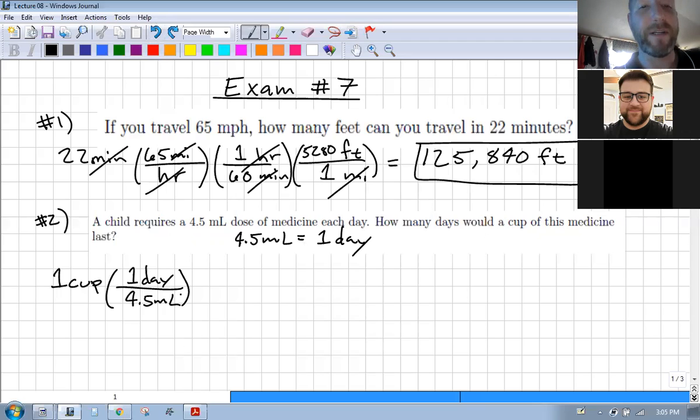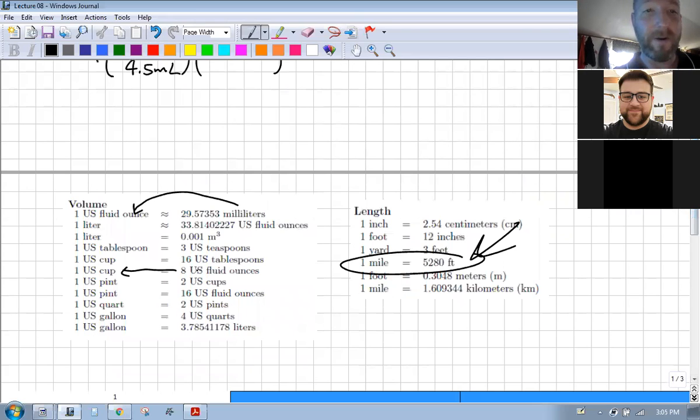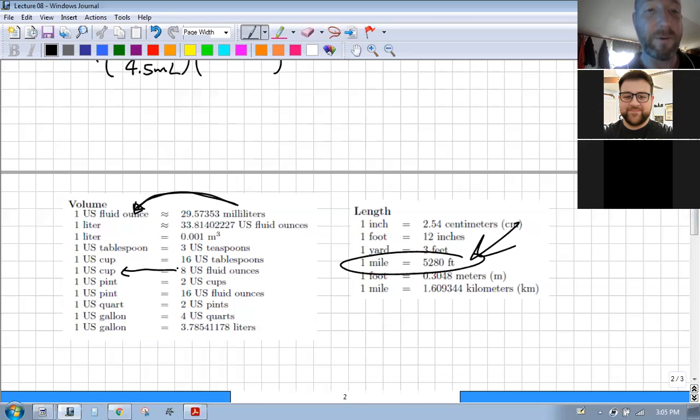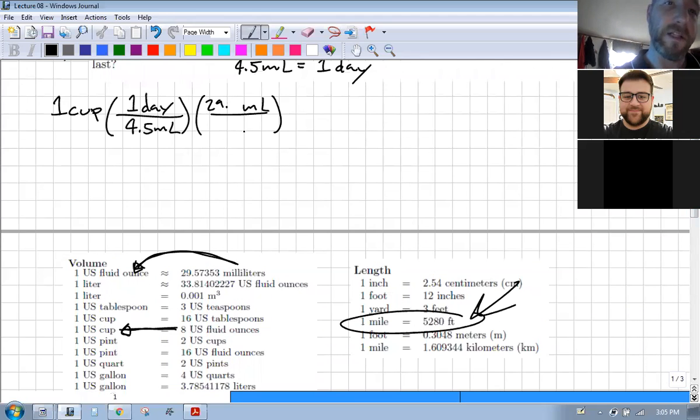So what we need to do here is turn milliliters into cups. We want to get rid of milliliters, but they don't give milliliters to cups. We can go milliliters to fluid ounces and then fluid ounces to cups. 8 fluid ounces make a cup, and 29.6 milliliters make 1 fluid ounce.